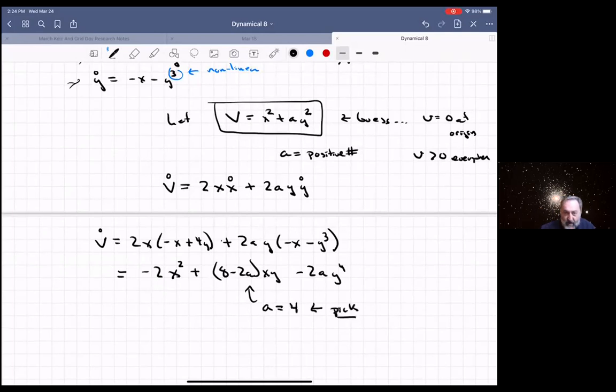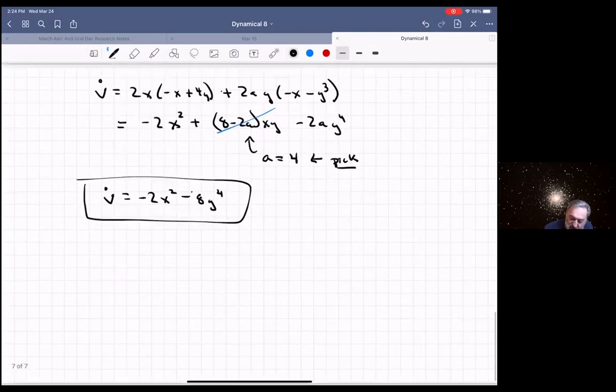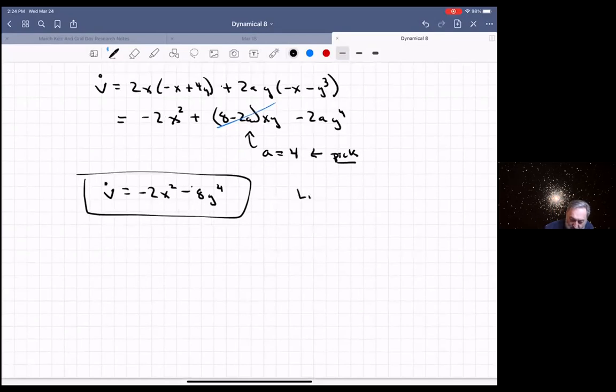If I pick a equal to 4, then that wipes out this center term. And v dot is minus 2x squared minus 8y to the fourth. And I see that I have satisfied the conditions, right?